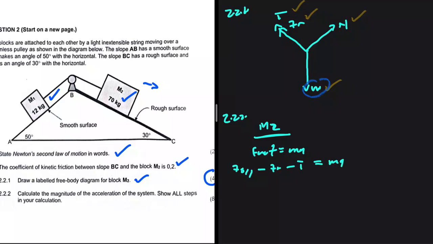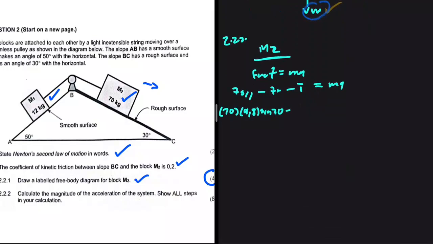So how do we calculate F_g parallel? That is mg sine of theta. So we're going to have 70 multiplied by 9.8 multiplied by sine of 30 degrees minus the frictional force. The frictional force is the coefficient multiplied by the normal force. Our coefficient is 0.2. The normal force is mg cos of theta.